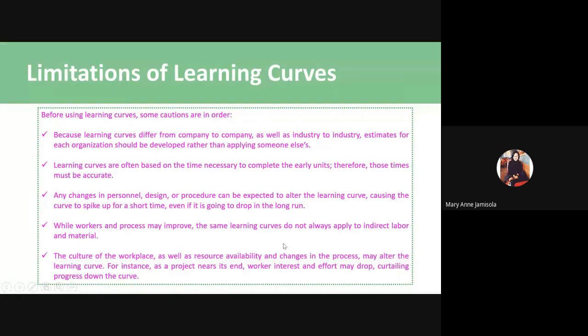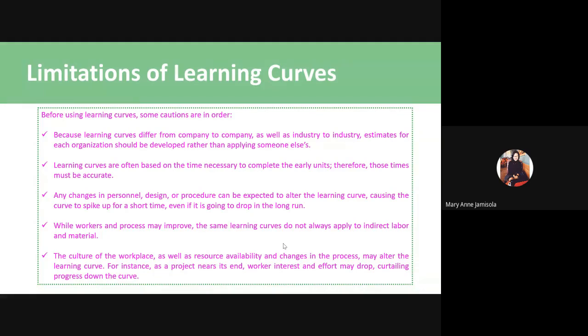So like normal life situations, right? For example, at the very start of the semester, you are still hyped up, so you are still eager to study, but as the semester is about to end, the motivation is lost. So it is the same in the workplace. If you are new at work, let's say you are a fresh grad and it's your first job, of course you are very enthusiastic, but then as time passes, you lose motivation.